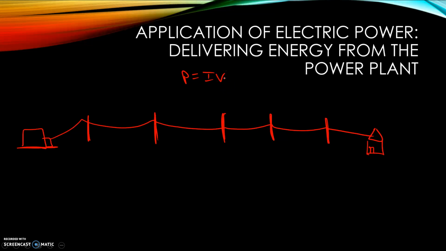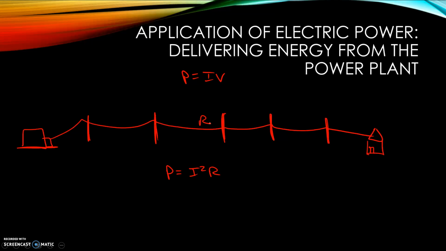Which one's better? Well, we're going to turn to this equation: P is equal to I squared R. This wire is actually our R. We do not have superconducting wires going from the power plant to our house. There is a resistance. If you have miles and miles of wire, there's going to be quite a bit of resistance.